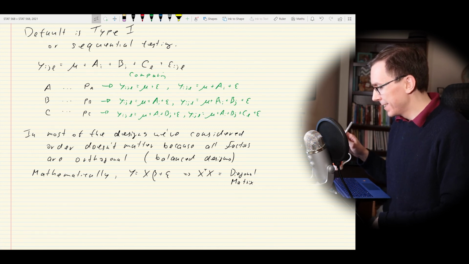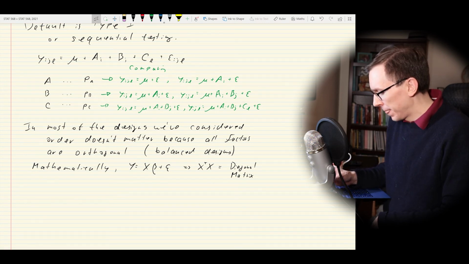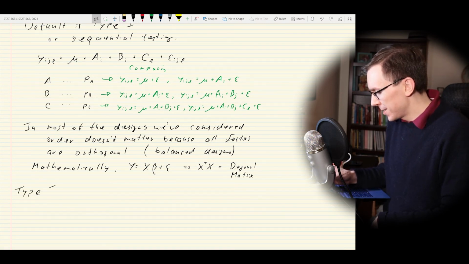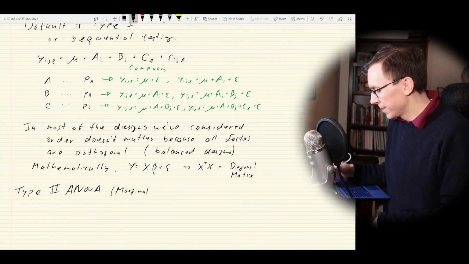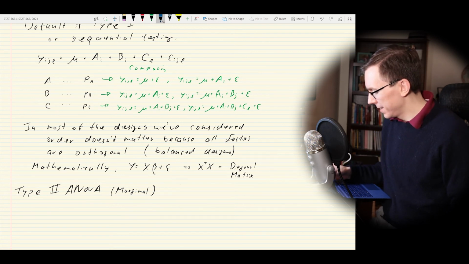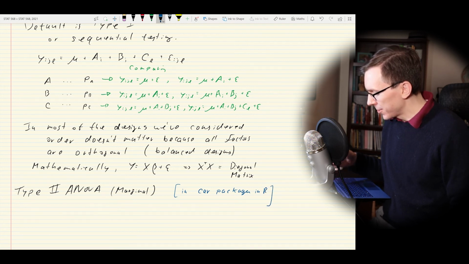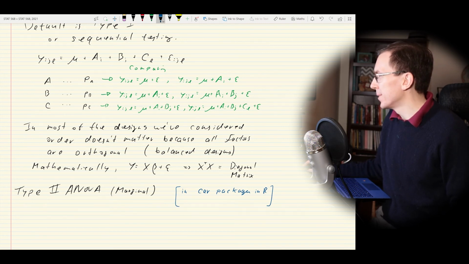So given all of that, what in the world are type 2 and type 3 ANOVA? Type 2 ANOVA is the marginal ANOVA. And you can find all of this in the car package in R, under the function which should be capital Anova.